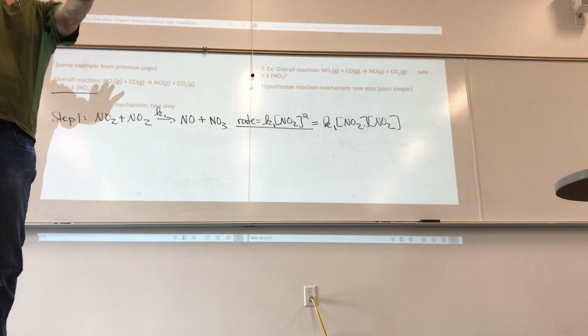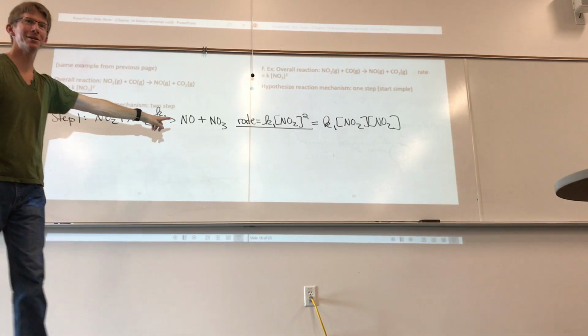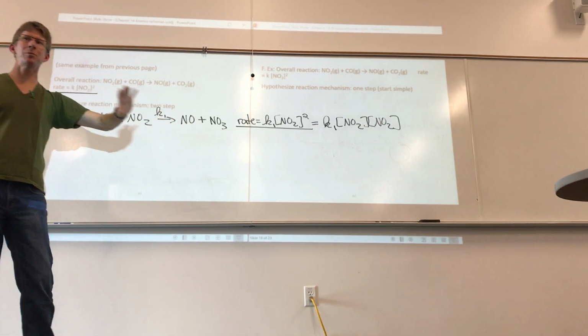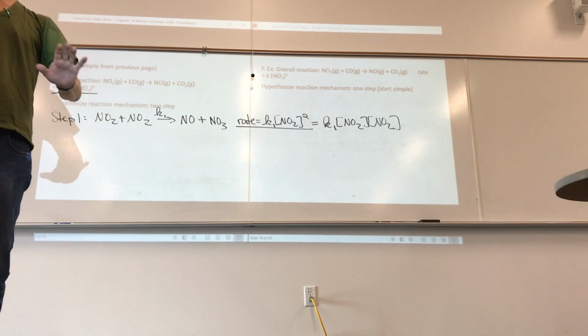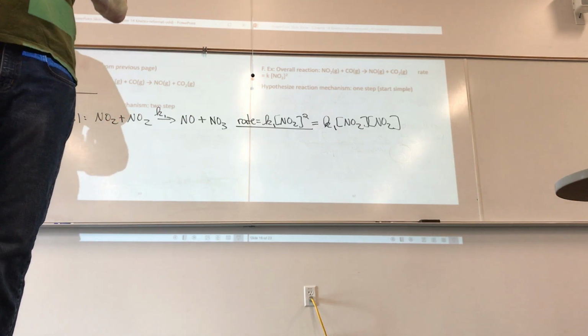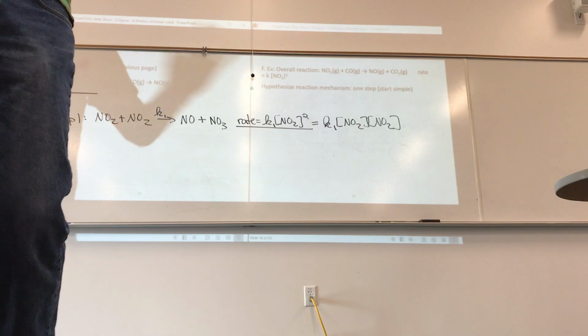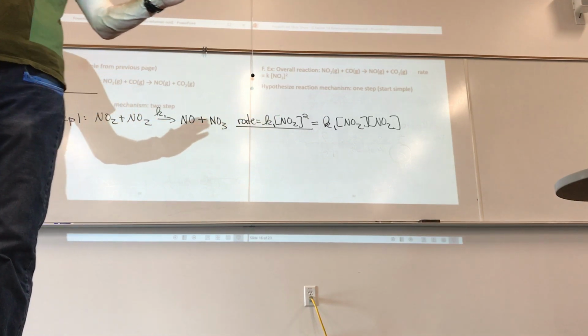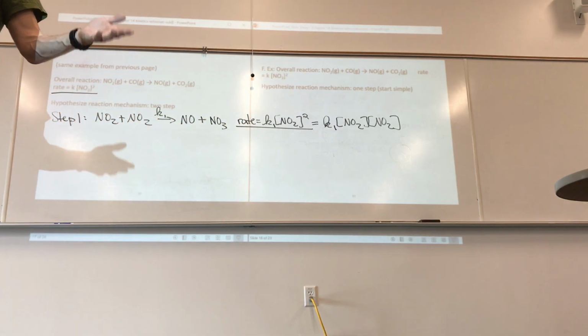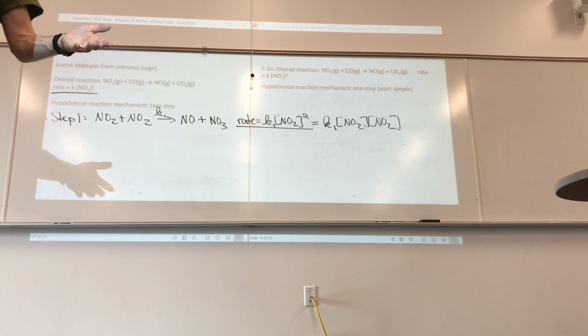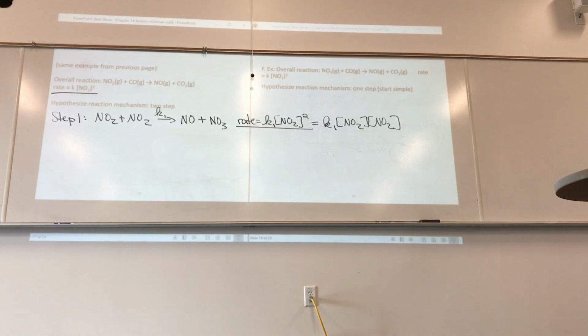Hang tight, we're getting there. We're going to see another intermediate here, and then we're going to talk about what to do with intermediates, okay? But the short answer is intermediates cannot appear in our rate laws because we're hypothesizing that they exist. So we will deal with those.